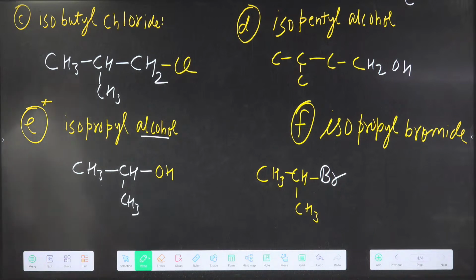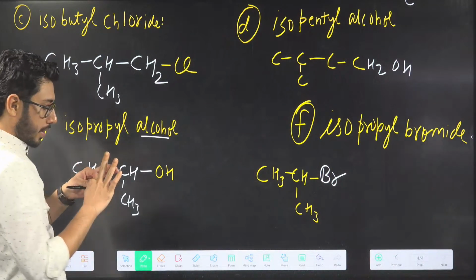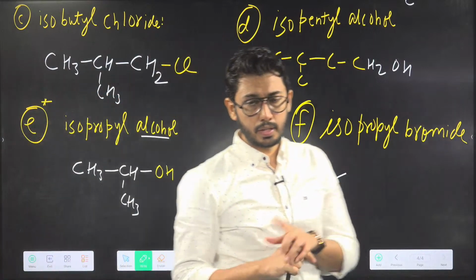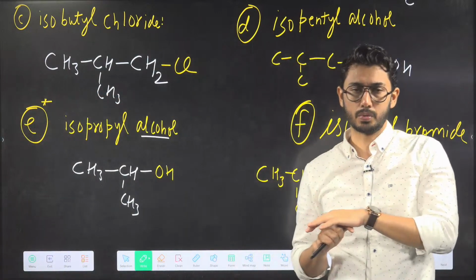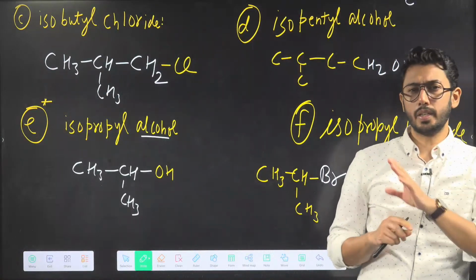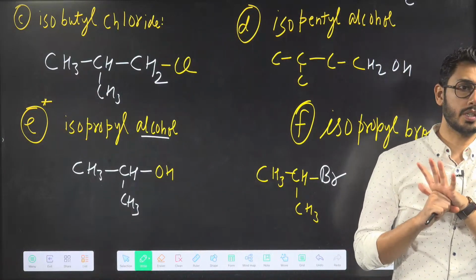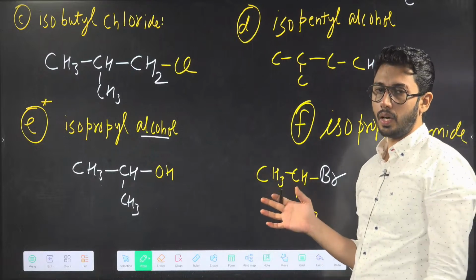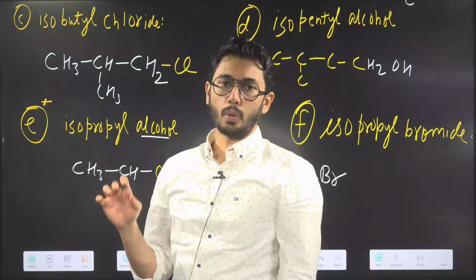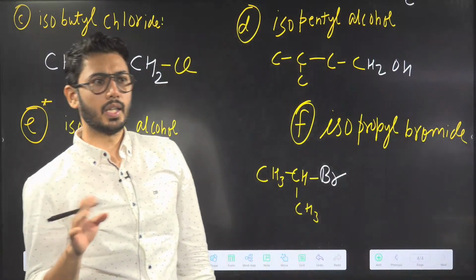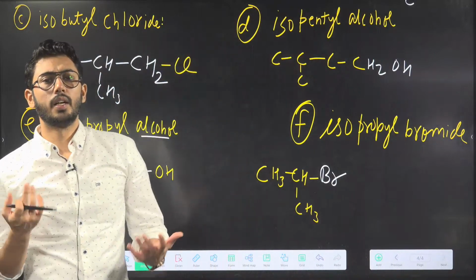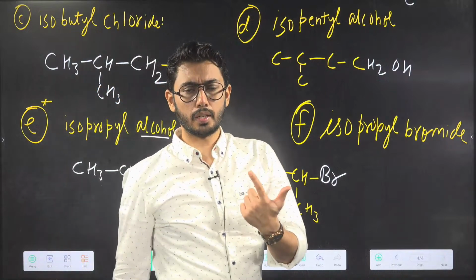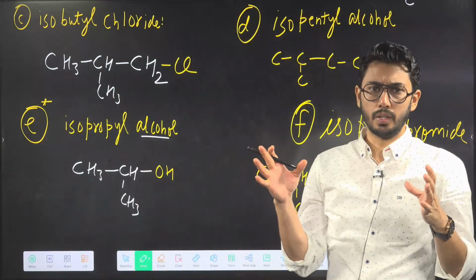Clear this example? How to write the structure if in the reaction the name is given? Iso and n compounds are less important for nomenclature, but for the reactions they are very important. IUPAC topic, generally students take it lightly. Reason? They think that okay, in the exam one question will be there and so many things I have to learn.